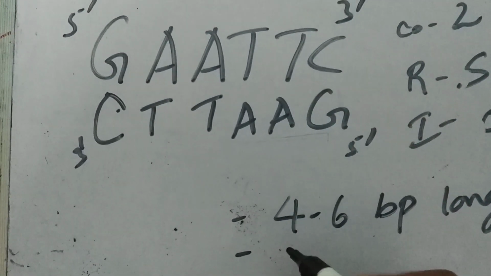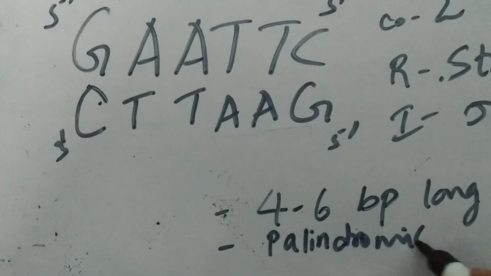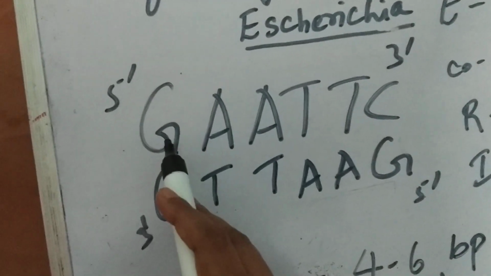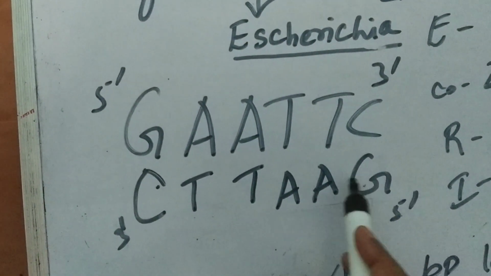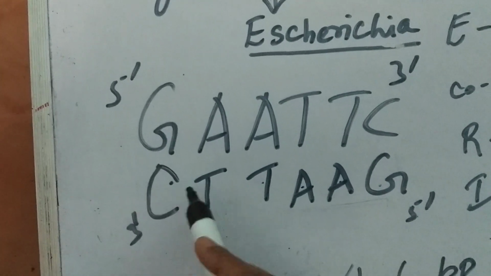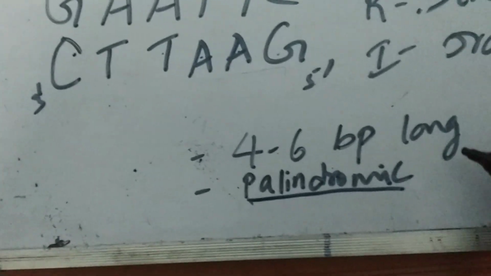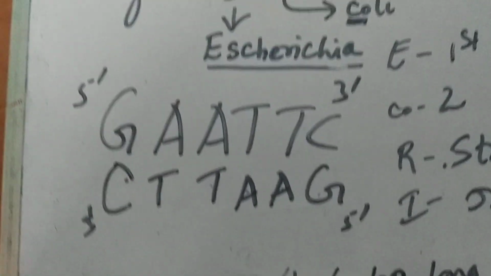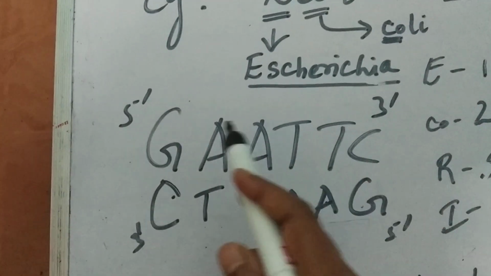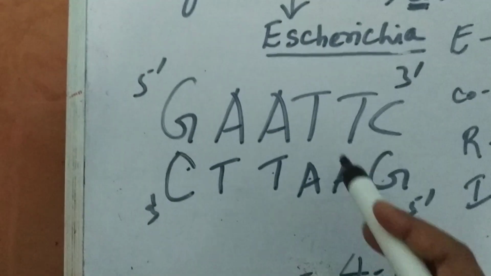And the other thing is, it is palindromic. What is the meaning of palindromic? The sequence reads the same from both the ends. You look at this, GAATTC, GAATTC. So from both the ends, it reads the same. So this is called a palindromic sequence. So type 2 restriction endonucleases recognize such palindromic sequences only.